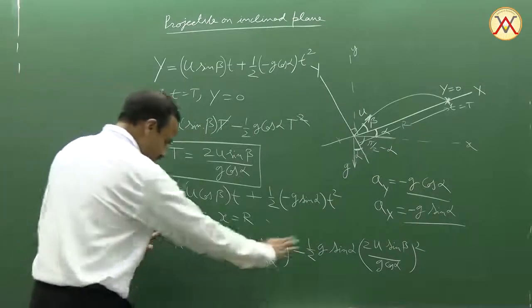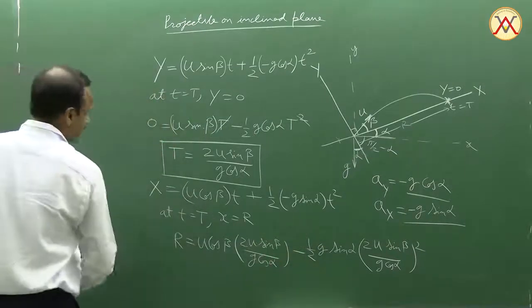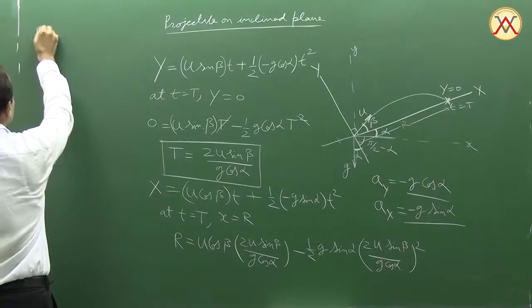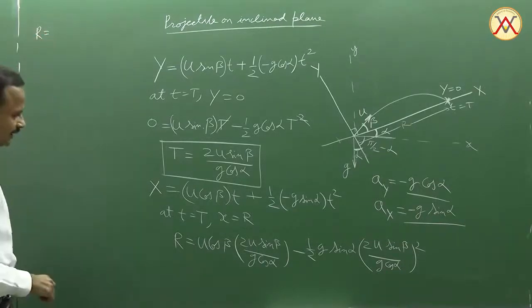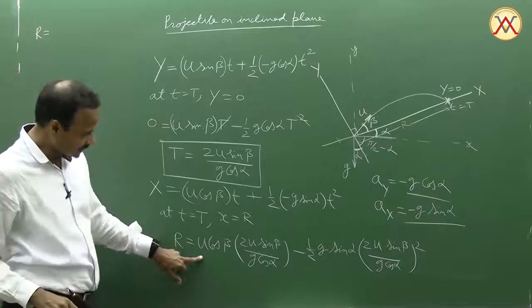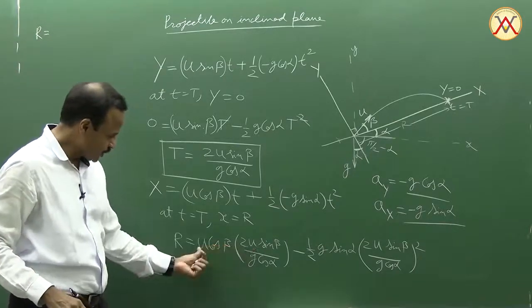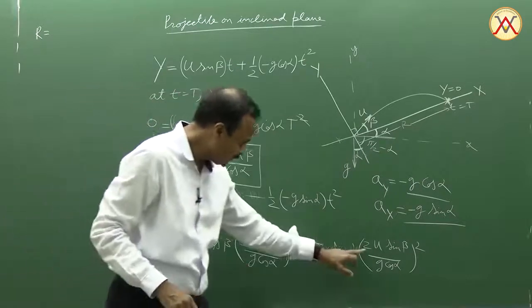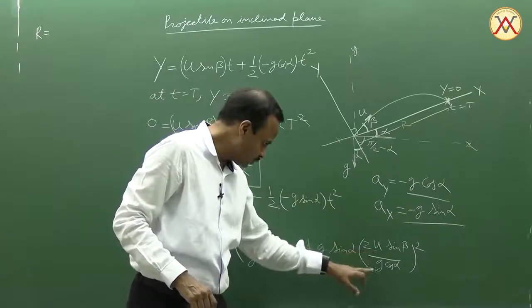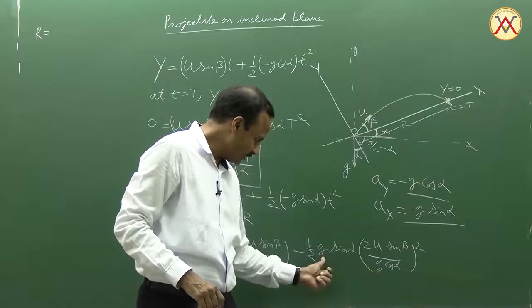Okay, so we will simplify this. Let me write it here. R equals, now we can take some things common here. 2u square by g, and 4 upon 2 again 2u square by g square, one g will be cancelled.